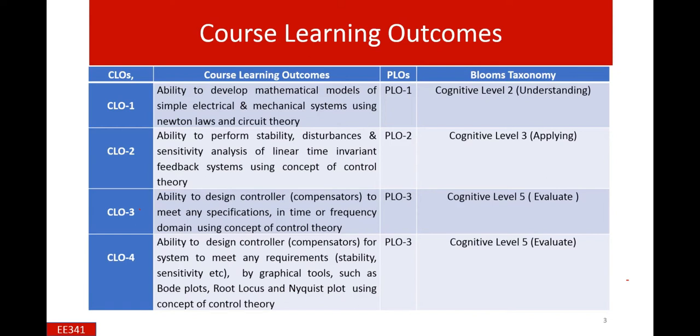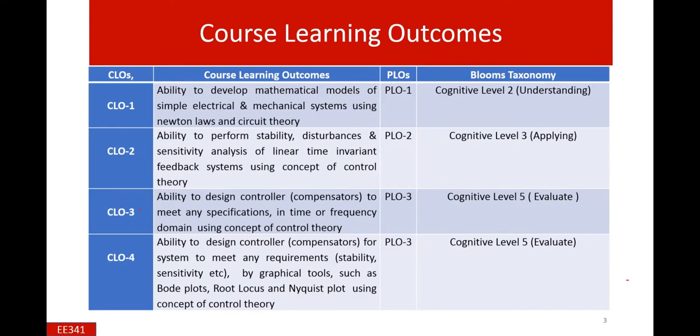After covering the modeling, we started the analysis part with the discussion of transient analysis. In transient analysis especially, we derived the specific relations to define the specific parameters which will be helpful to design the systems.